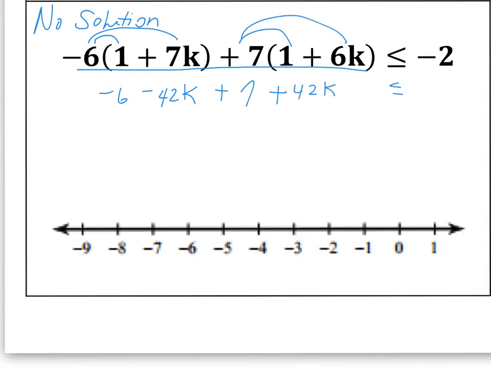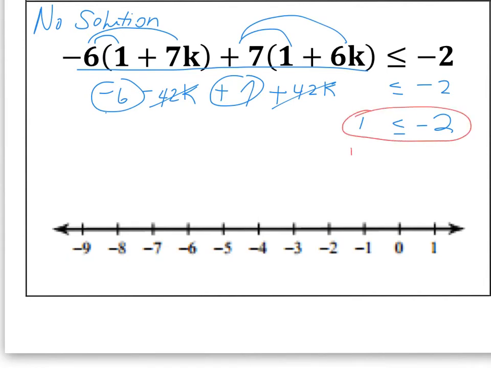Less than or equal to -2. Let's combine like terms. Okay, seems like I could first cancel this out. Negative 6 plus 7 gives me positive 1. And this is apparently not true. So we will write no solution as your answer.